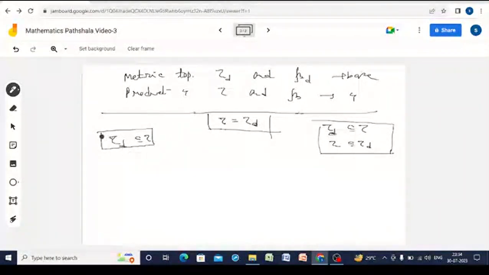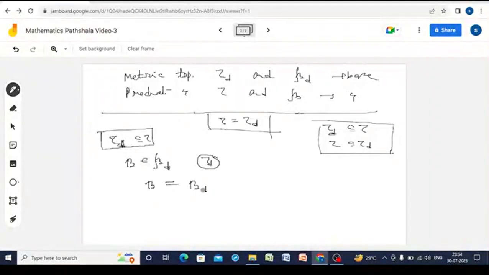Sorry, we need to take any basic open set for the metric topology tau d. So let us take an open set B belongs to script bd, which is the base for the metric topology tau d. So clearly this B, since this is a basic open set in the metric topology, will be of the form B equal to, say, bd x epsilon for some epsilon greater than 0.